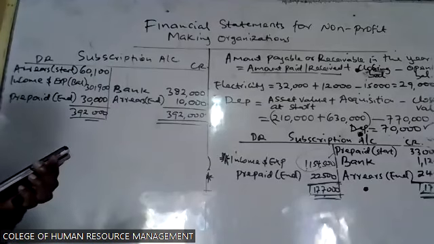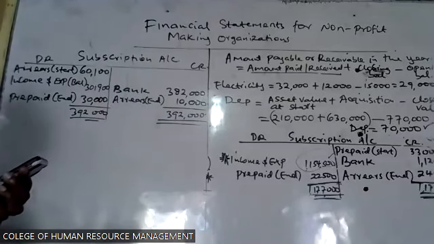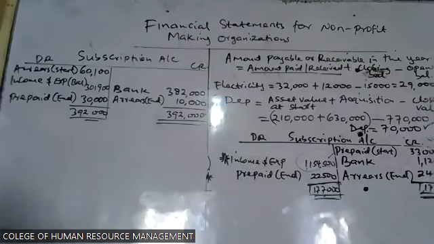Any question up to that point? Mwalimu, I have a question. Yes. On the subscription account, the format has to be, it starts with arrears on the debit side, arrears, income and expenditure and prepaid. You have to follow this format. You can't start with the bank. You can't rearrange.